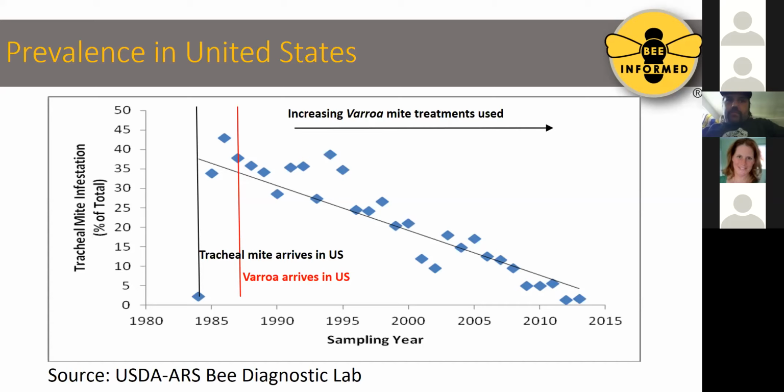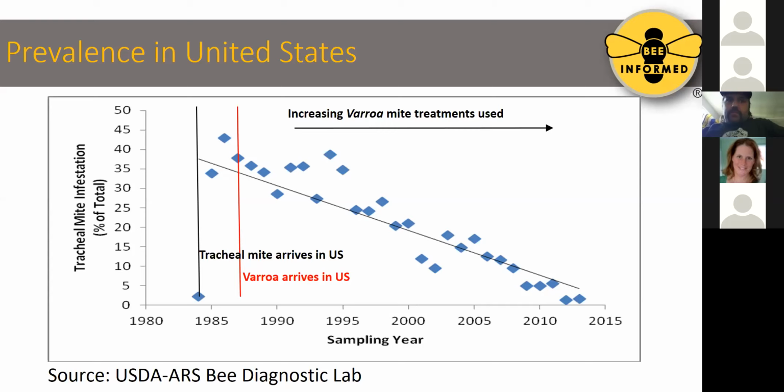Now the second line I put on this graph, this vertical red line, is 1987. This is when the varroa mites turned up in the United States, and similar story, they were detected in one place, and then within a couple of years they were pretty well everywhere. As we went through the 90s, it became increasingly imperative that beekeepers treated for varroa mites to keep their colonies alive and healthy.